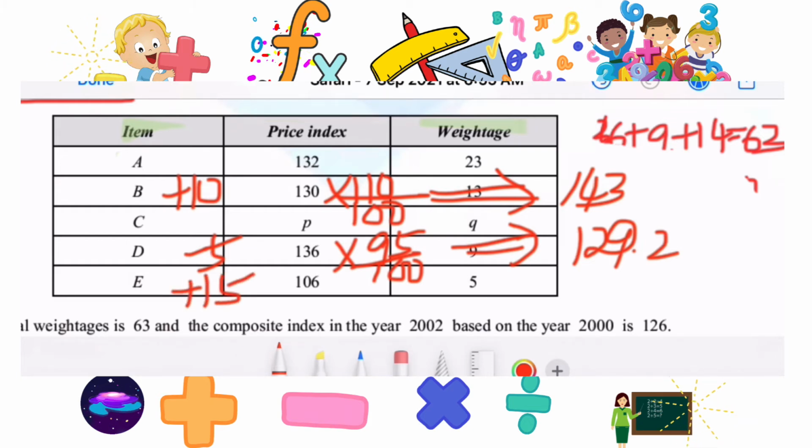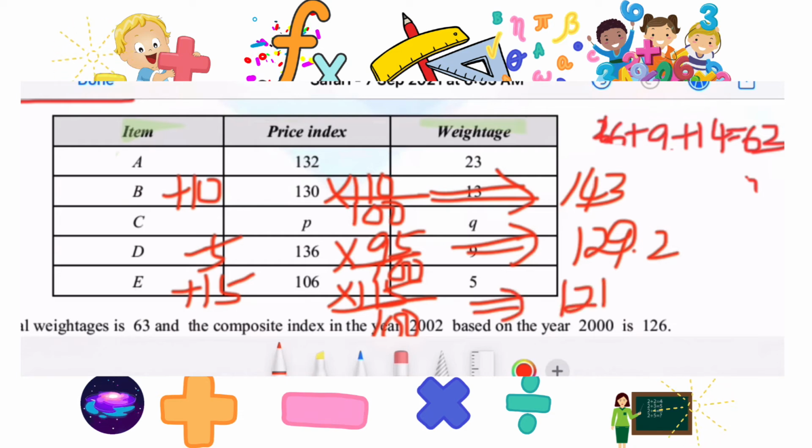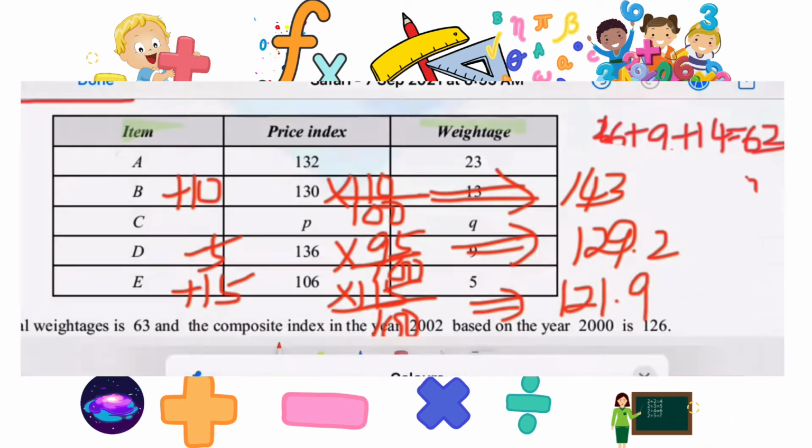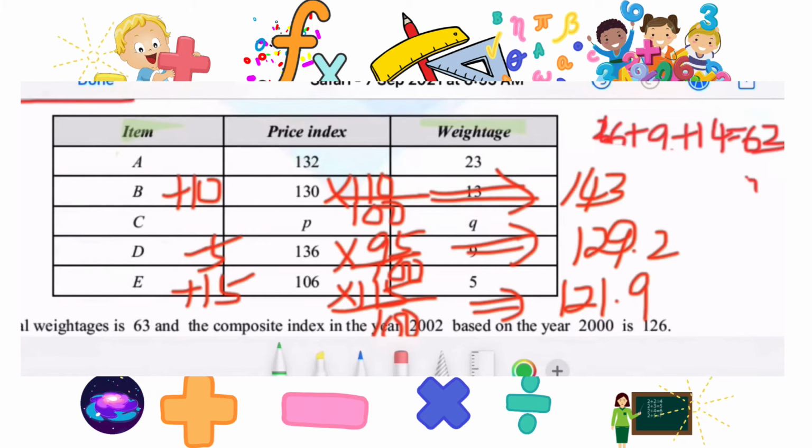If you increase, it has to be plus with 100 and multiply. So we get 121.9. So we are having two increases. This one increased by 10%. This one increased by 15%. So if increase, it will be more than the original one.